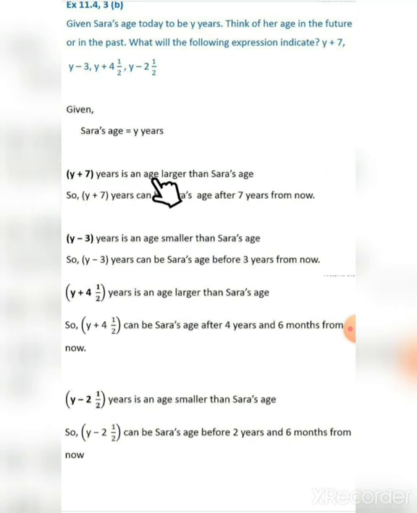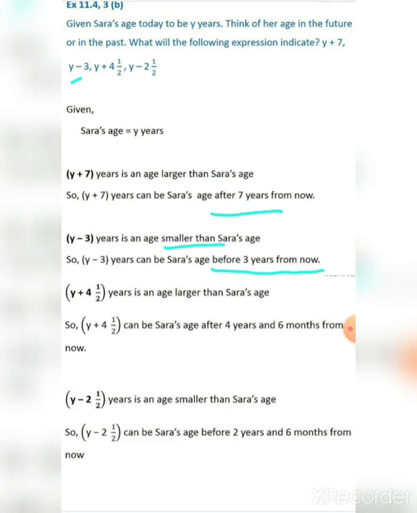So Y plus 7 is an age larger than Sarah's age. So it can be Sarah's age 7 years from now. Now next, Y minus 3 is an age smaller than Sarah's age. So it is 3 years before now, meaning the past.